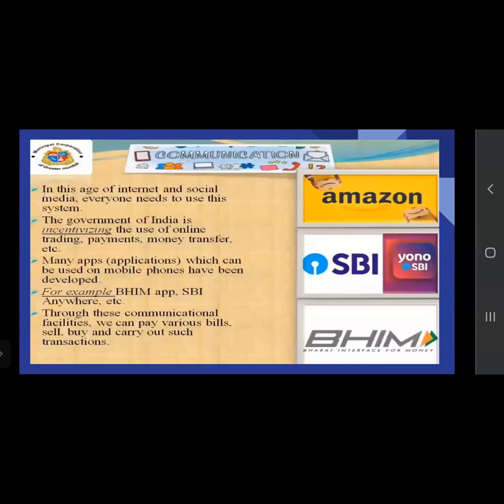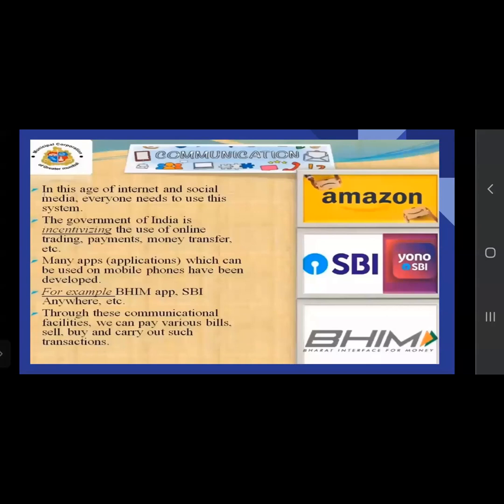For example, they have given the Bhim app, SBI, and others. These are examples of apps which you can use for money transfer or payment of your bills or anything. Through this communications facility, we can pay various bills, sell, buy, and carry out such transactions.